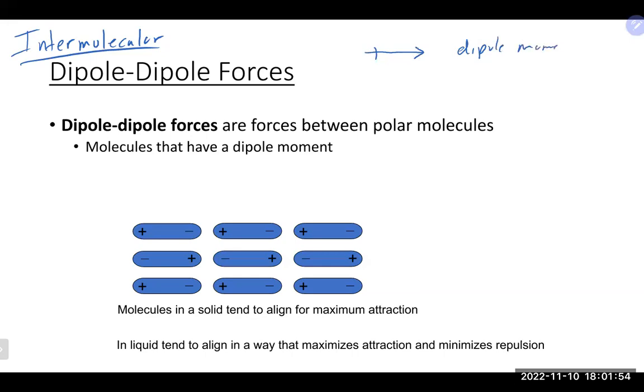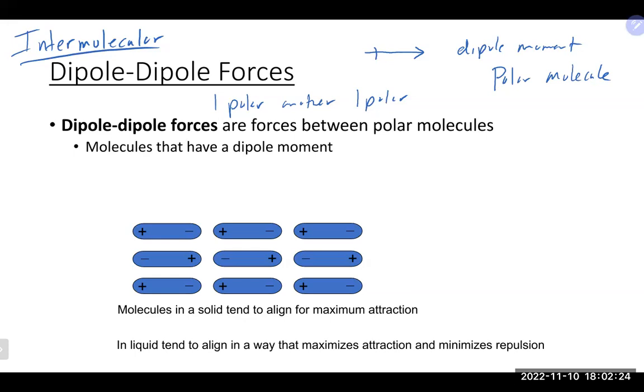Things that have a dipole moment are polar molecules. So a dipole-dipole force is an intermolecular force that basically holds one polar molecule together with another polar molecule. And again, it could be the same polar molecule or it could be two different polar molecules.